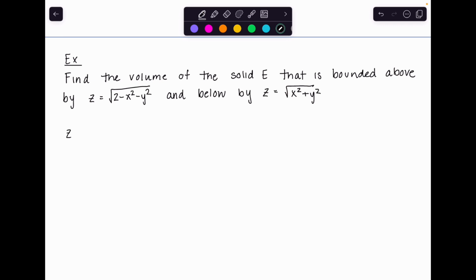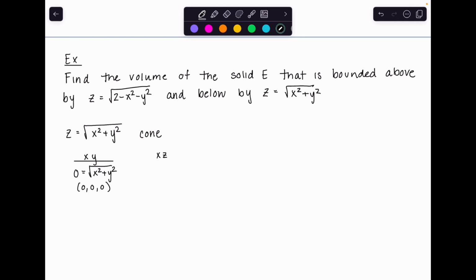So beginning with the lower bound, the z equals the square root of x squared plus y squared. This is a cone, okay? If you look at your traces, the xy trace would be 0 equals the square root of x squared plus y squared. This is that boring case. It just gives you the origin.